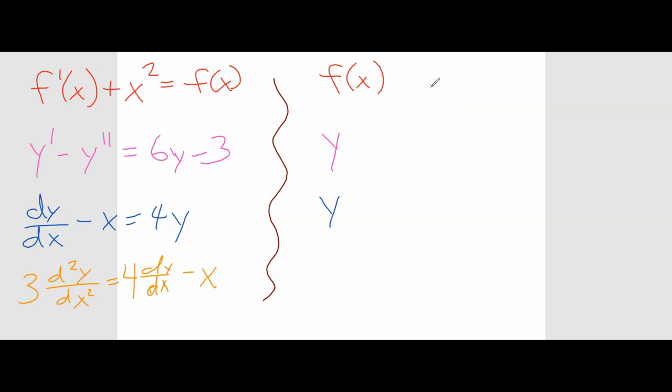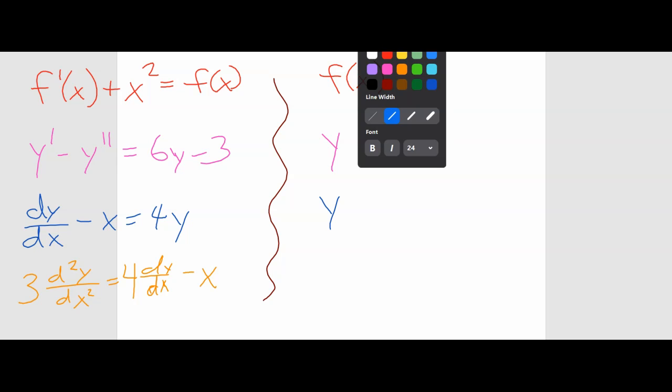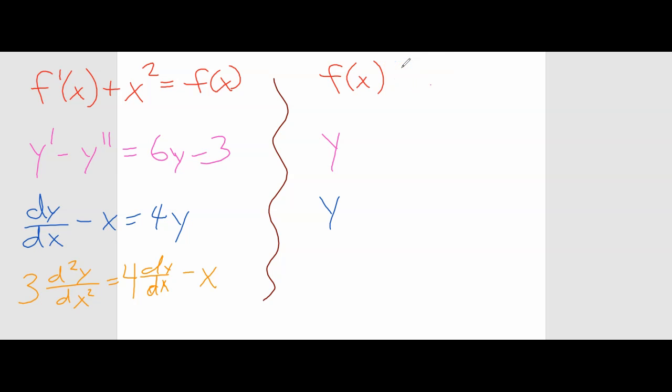Same thing for the blue and the orange. It just depends on how it's written: if it's written as f of x, you call your solution a function f of x; if it's in terms of y, you call it a function of y.